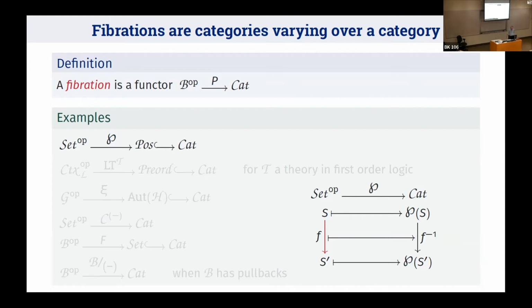It takes sets as indexes, and to each set associates the poset of subsets of the given set. So P of S is not just the power set, but the power set with the inclusion relation for the order, and then the action on the arrows, on the functions. There are functions. Very few.